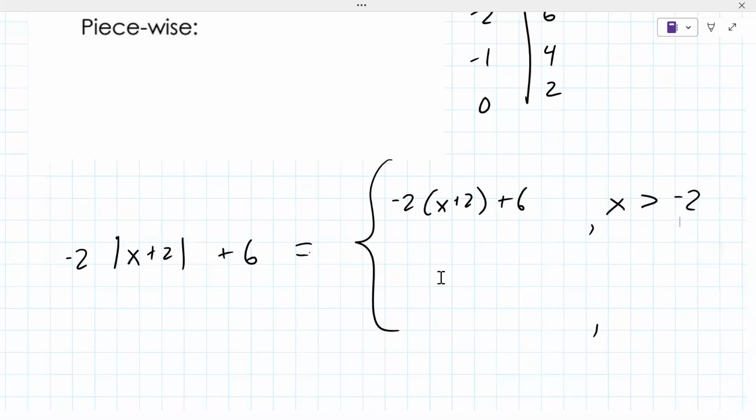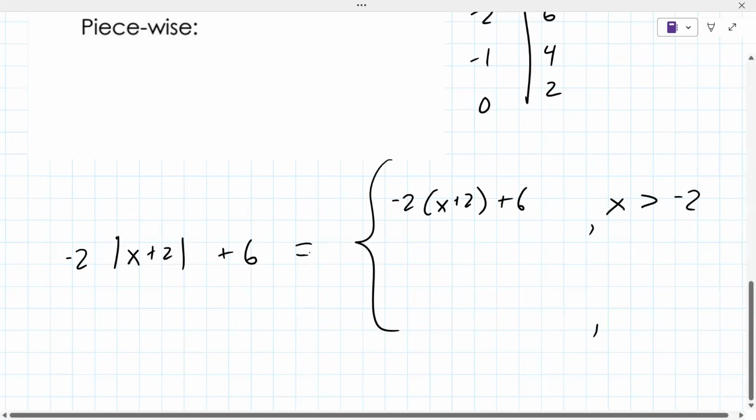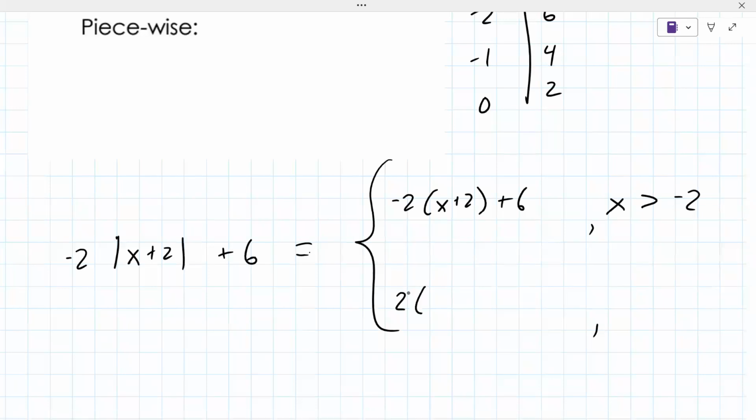2 plus 6. The other one is 2 times x plus 2 plus 6. So you're negating the whole thing though. That's where you almost want to just negate the whole thing.